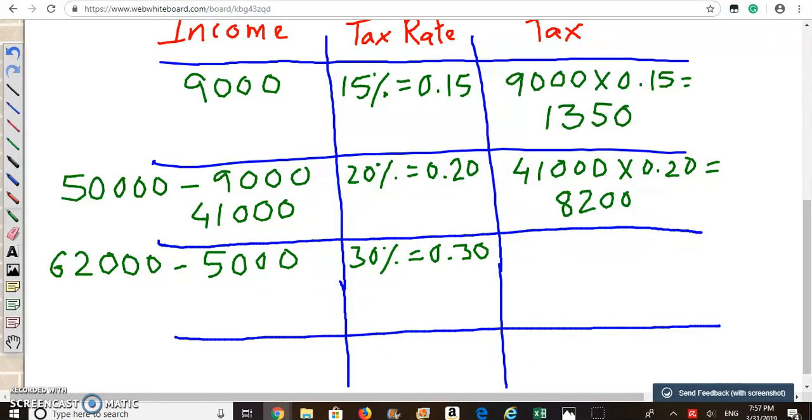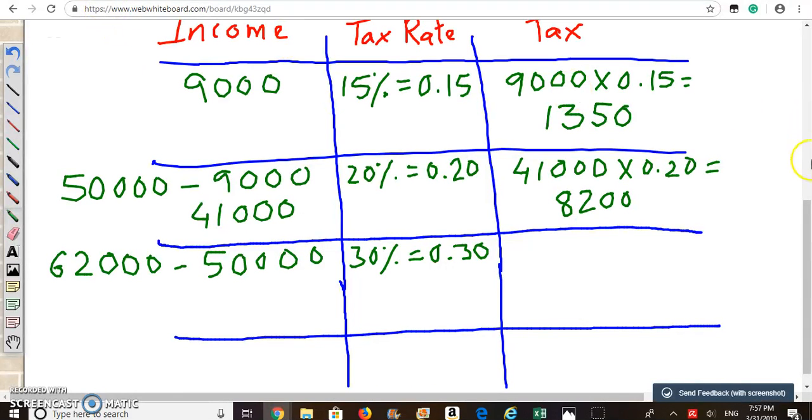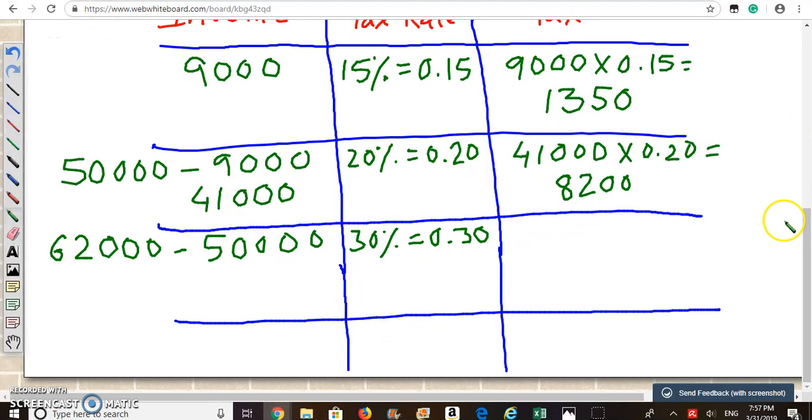So let us just calculate what is 62,000 minus 50,000. So 62,000 minus 50,000, that is 12,000. So the third bracket has an income of 12,000, and he will have to pay a tax of 12,000 times 0.30.